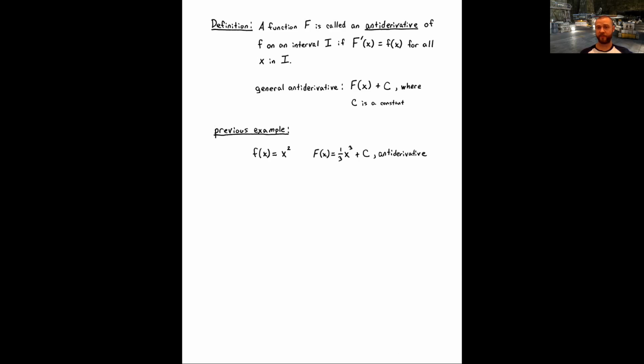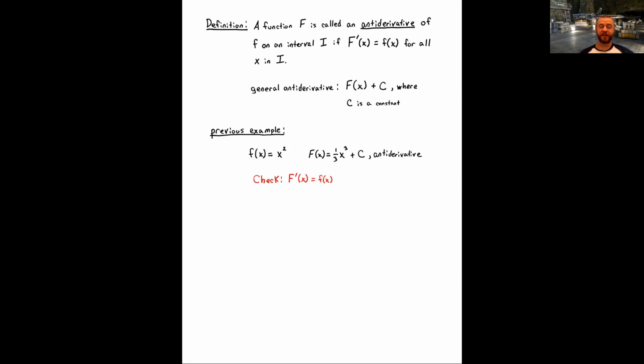An antiderivative, we can write it as 1/3 x cubed and then plus c. So for our function little f of x equals x squared, the antiderivative would be capital F of x equals 1/3 x cubed plus c. The lowercase and the uppercase denotations for the functions or names, that's standard notation.